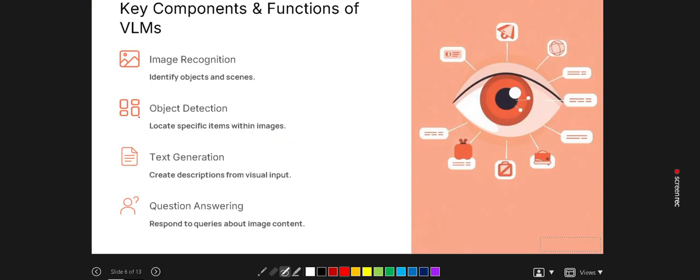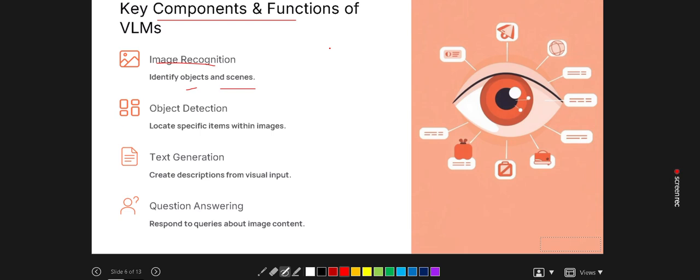So the key components and functions of VLMs include image recognition. You can identify objects in scenes. Now, how is it different from CNNs? A short review would be that in CNNs you just have classification based on labels, and the labels are just one word.